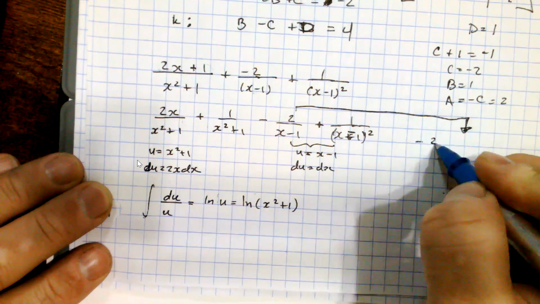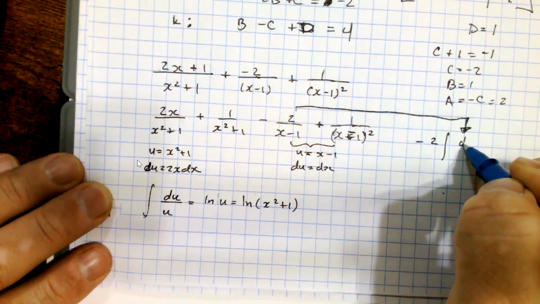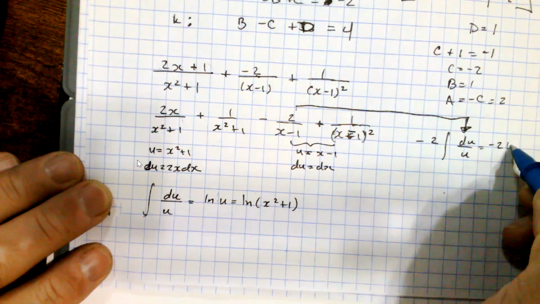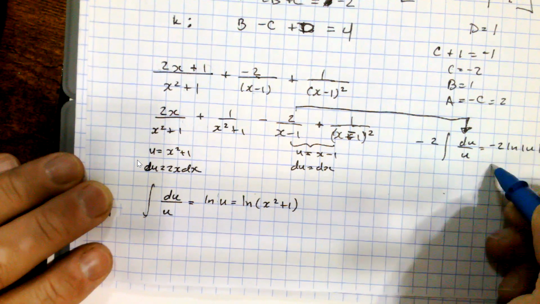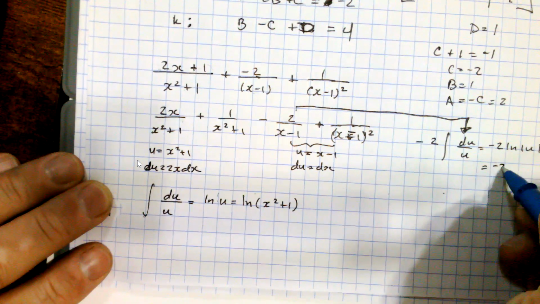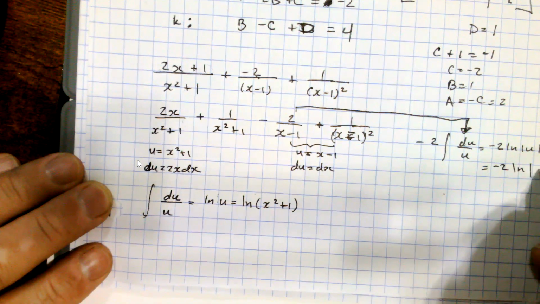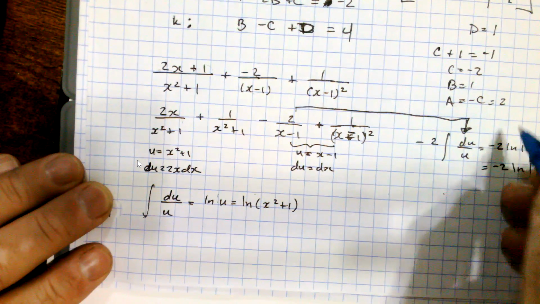I have a negative 2, the integral of du over u, which is going to give me negative 2 the natural log absolute value of u. And subbing that back in, I get the natural log of x minus 1. Okay. So that's that integral.